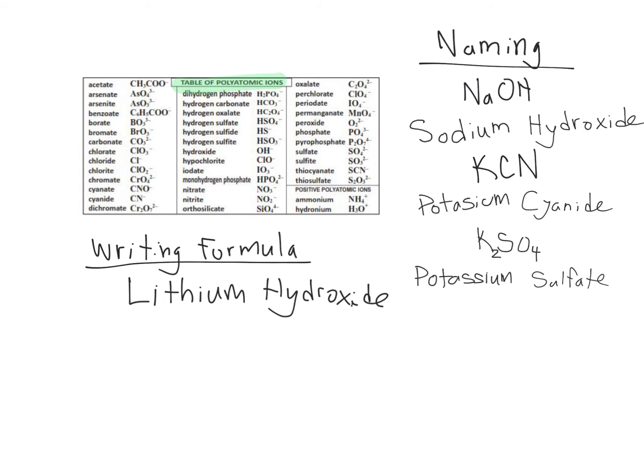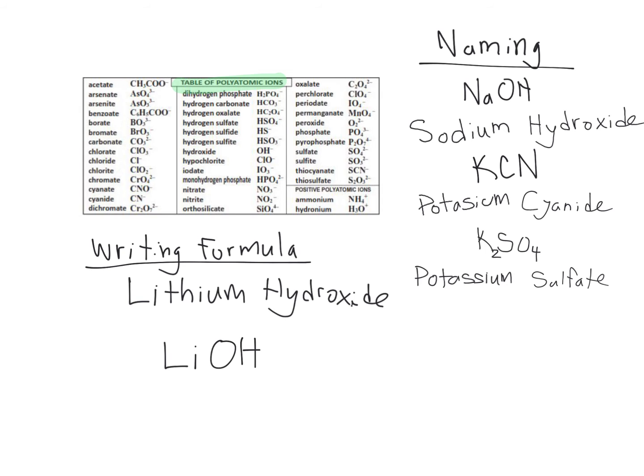Again, we are going to be starting out by writing the symbols. So lithium, that's pretty easy, that's Li. I have recognized that hydroxide is a polyatomic ion, so I'm going to find that up here. And so that's OH and has a charge of -1. So lithium OH.